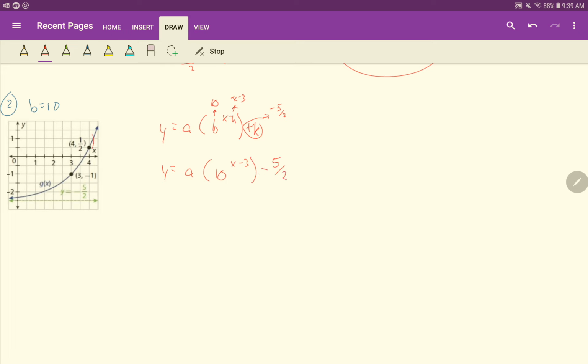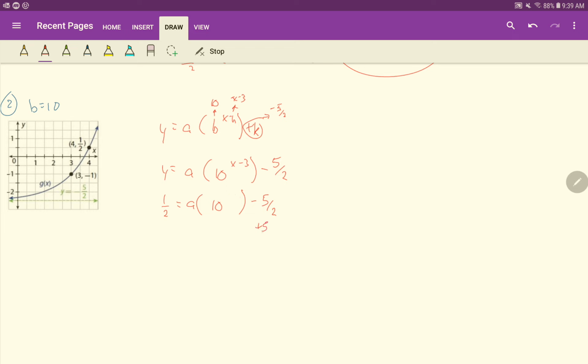And again, we'll plug in this other point here to solve for a. So 1/2 in for y because it's the y coordinate. 10 to the 4 minus 3, again, very easy, nice points there. So 4 minus 3 is just 1. I'll go ahead and simplify that to just 10.